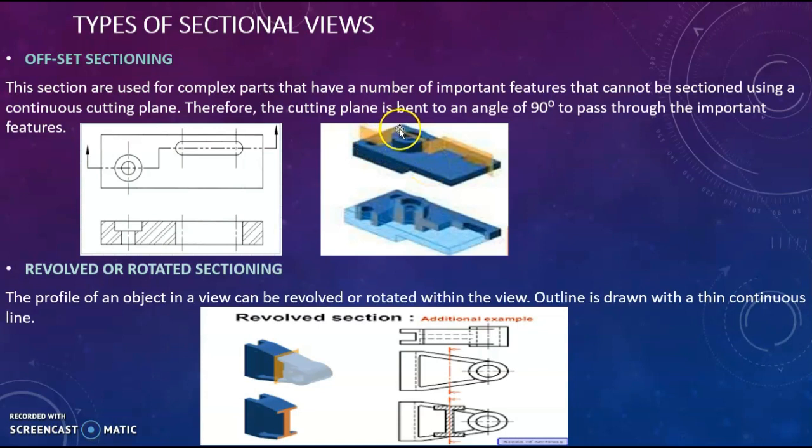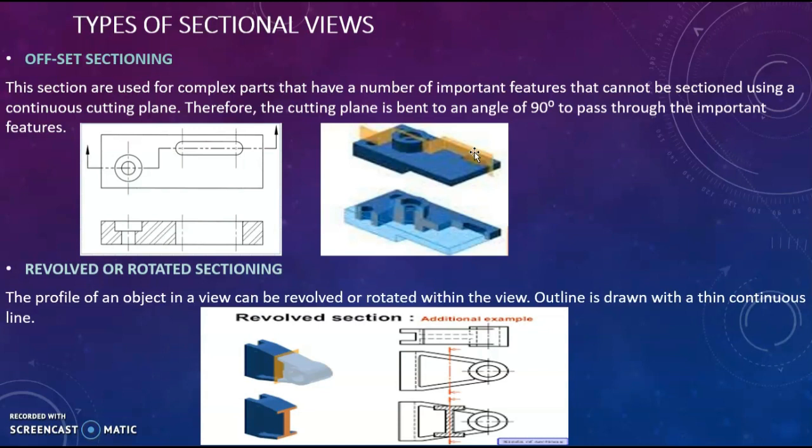We have some important views we cannot ignore when we decide to take a continuous cutting plane or a full sectioning for this one. We have some important parts we may not see. For this reason, we run an offset sectioning on it so that we bend the cutting plane to 90 degrees so that it will cover all the important parts of this object.